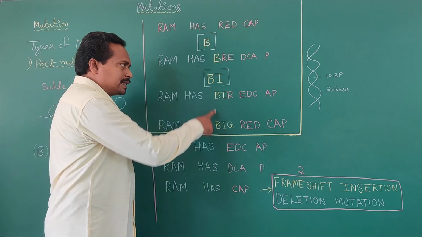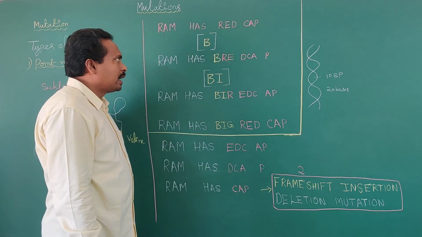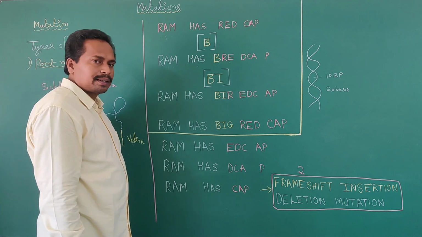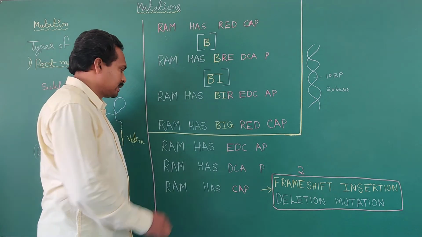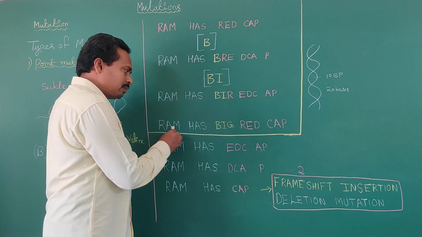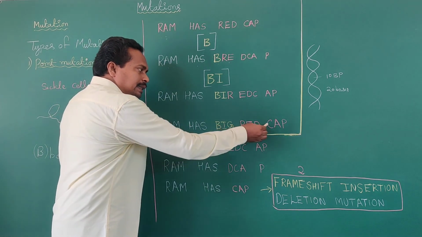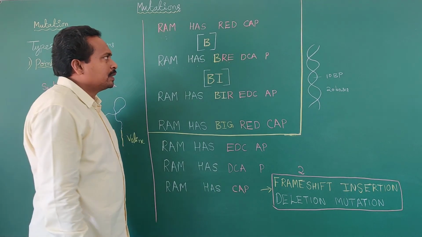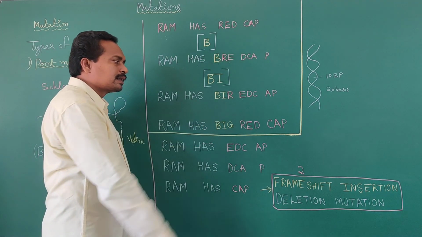Suppose you insert 3 alphabets between has and red. If 3 alphabets BIZ are inserted, now rearrange the sentence: RAM, HAS, BIZ, RED, CAP. Here how many letters are inserted finally? 3 letters are inserted.